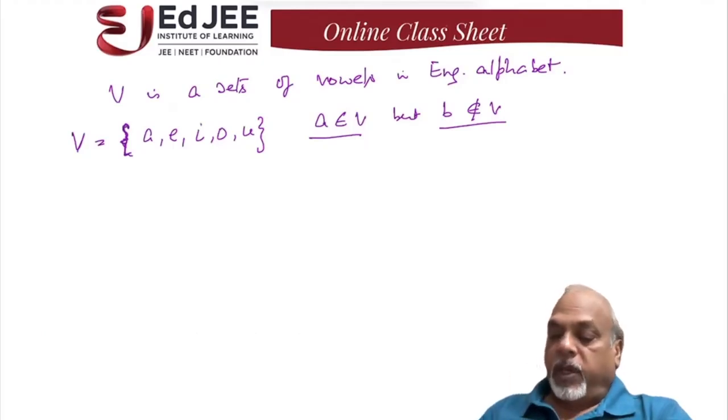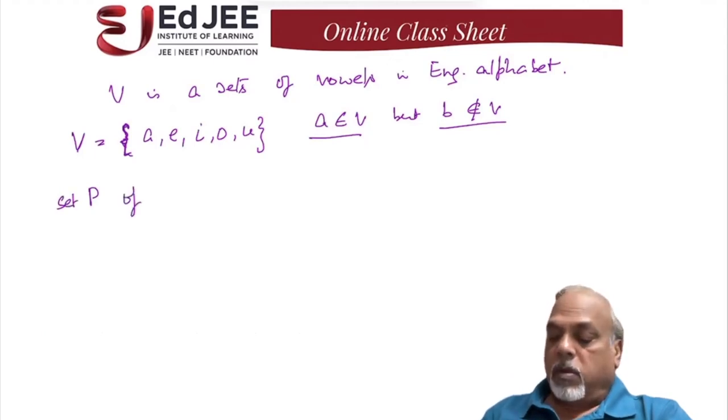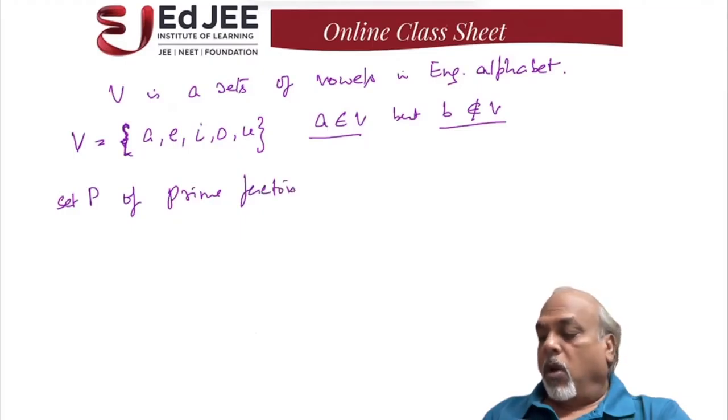Suppose P is a set of prime factors of 30.